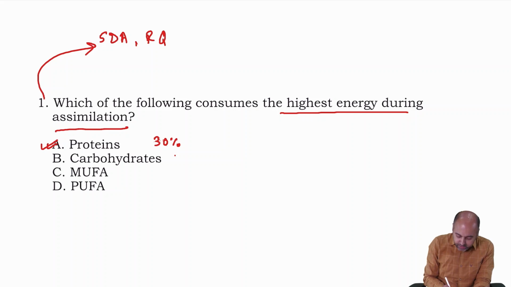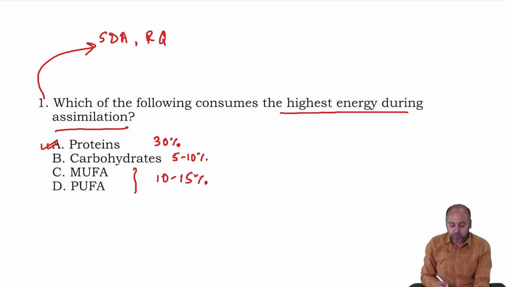For carbohydrates, it is the lowest, in the range of 5 to 10%. For the fatty acids, anywhere between 10 to 15% would be the relative energy which is spent to assimilate the substance. So remember these points. In the specific dynamic action, take a look at the RQ of the different substances and the explanation of the specific dynamic action.